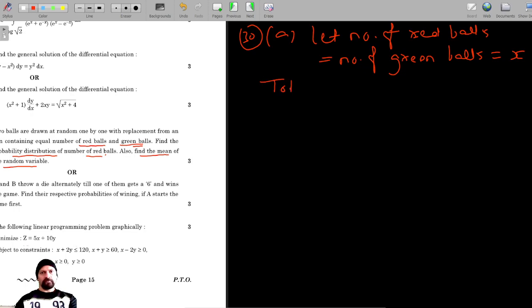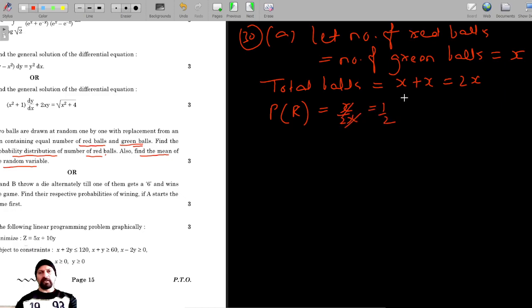So the total balls in the urn is green plus red, which is equal to 2x. The probability of drawing a red ball is x upon 2x, which is half, and the probability of drawing a green ball is also half.